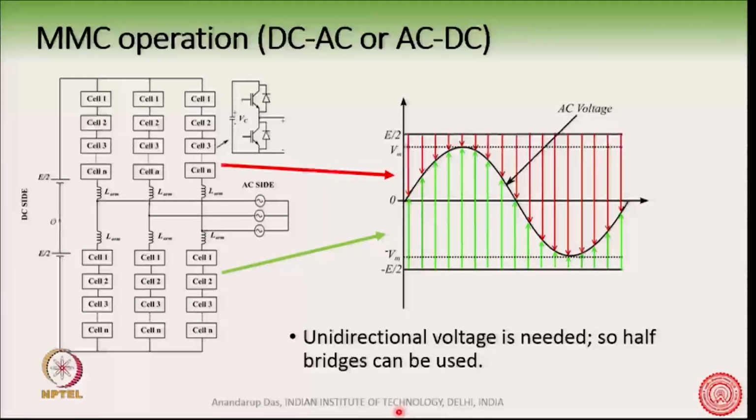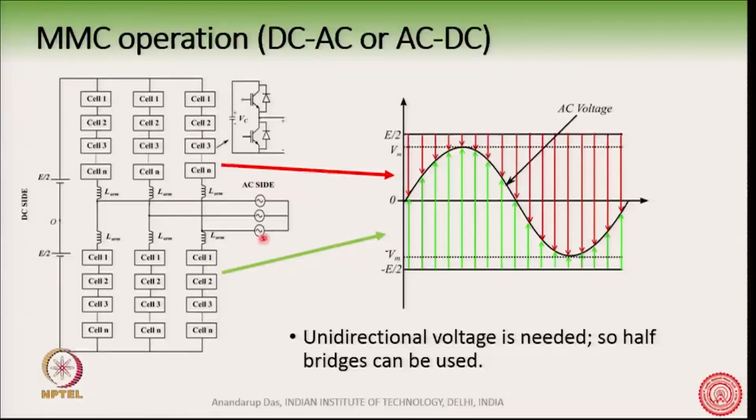In case I have to operate this converter as an AC to DC rectifier, then the AC side or the grid is available to us, and I would like to produce a DC.